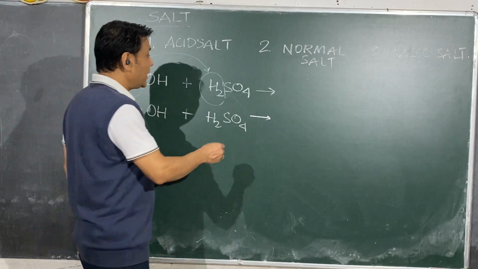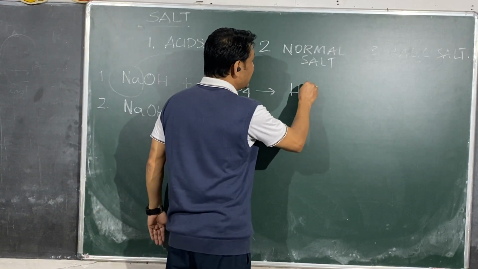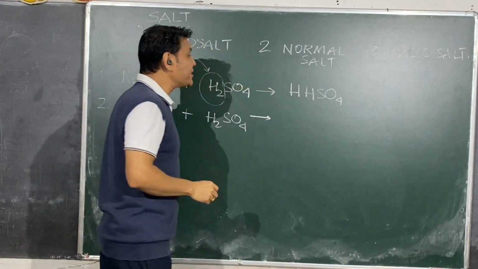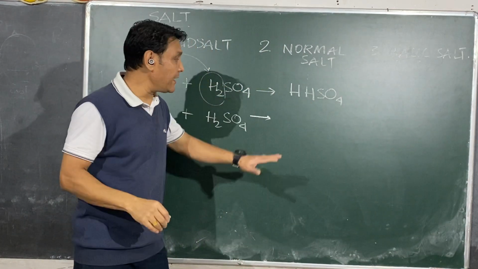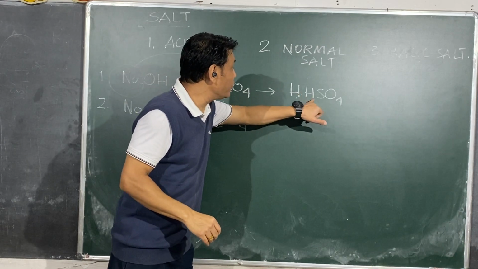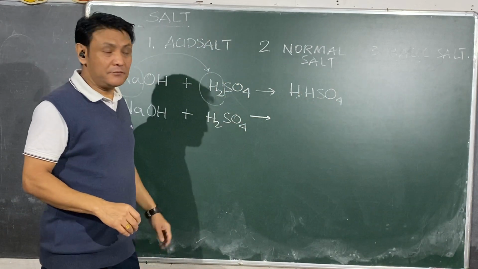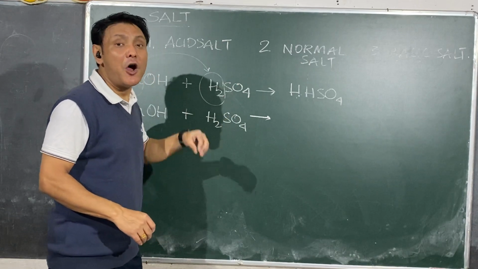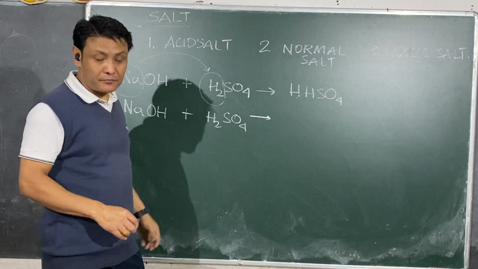For example, instead of H2SO4, we can write, just to understand, H2SO4. Now the quantity of sulfuric acid is more than the base.